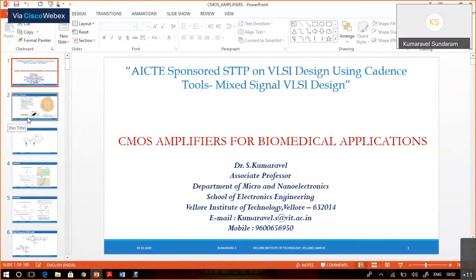As my area of research expertise is analog circuit design, I felt that we should have system knowledge, or some application-based circuit design should be covered. So I have taken biomedical application as the application, and we shall see in today's session what the analog front end modules are and how we need to design them.